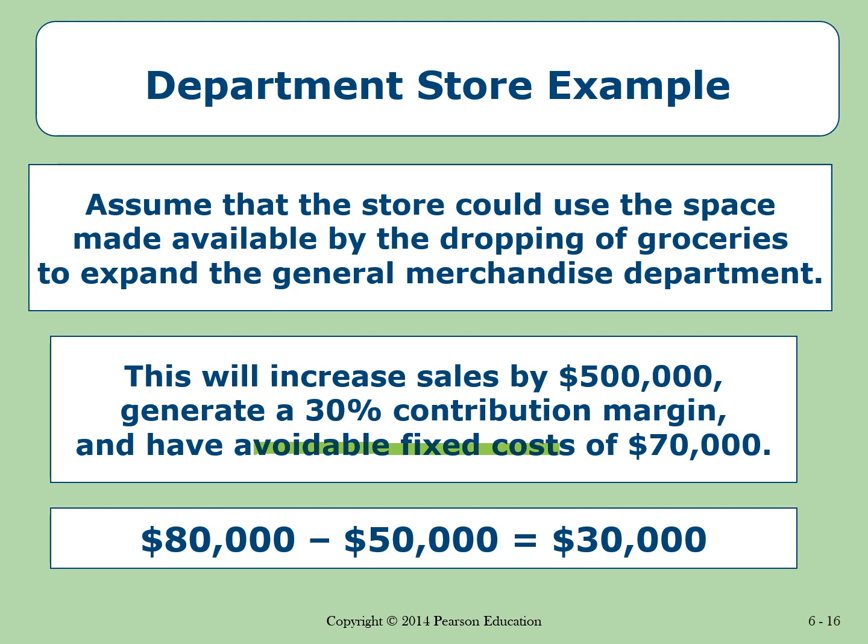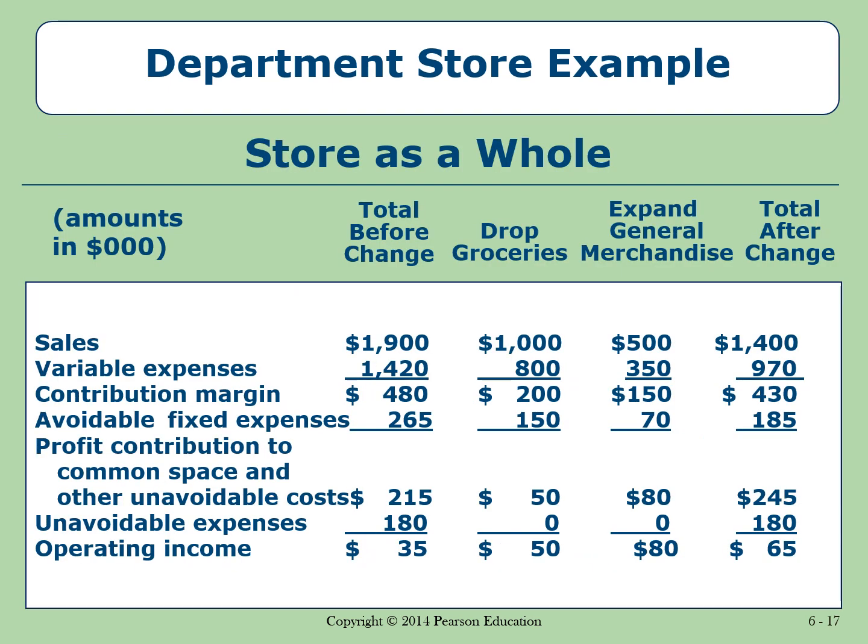So when we apply this, we prepare our schedule again with the first column as it is, the items given, and then the total before change, or before dropping the department, which is grocery, and this will be the same as provided before, and dropping grocery will be the same also as provided before, but the new added column will be for expanding the general merchandise.